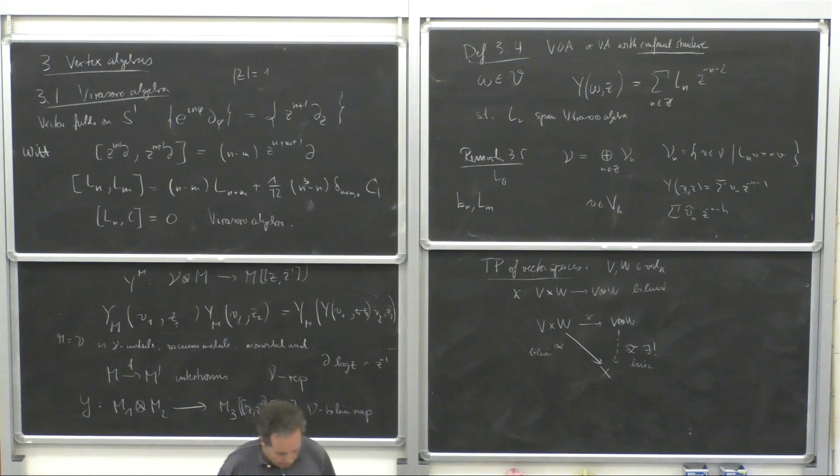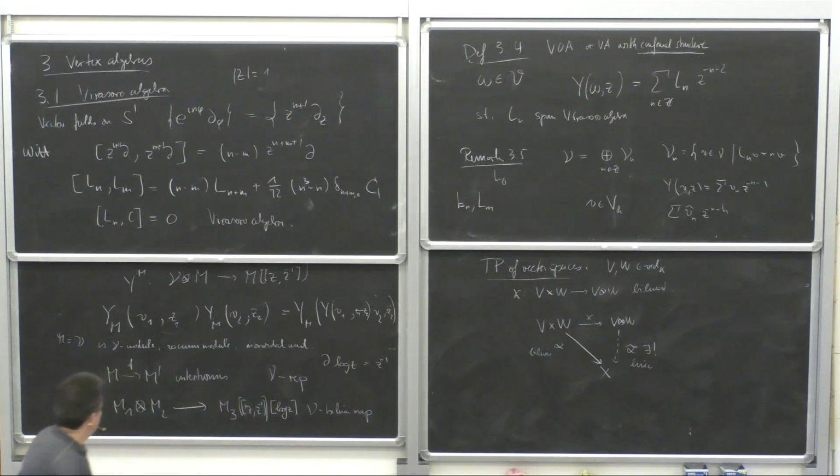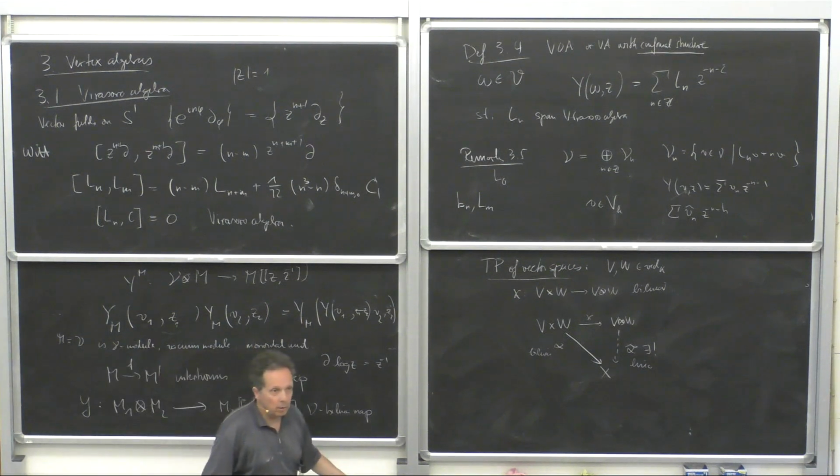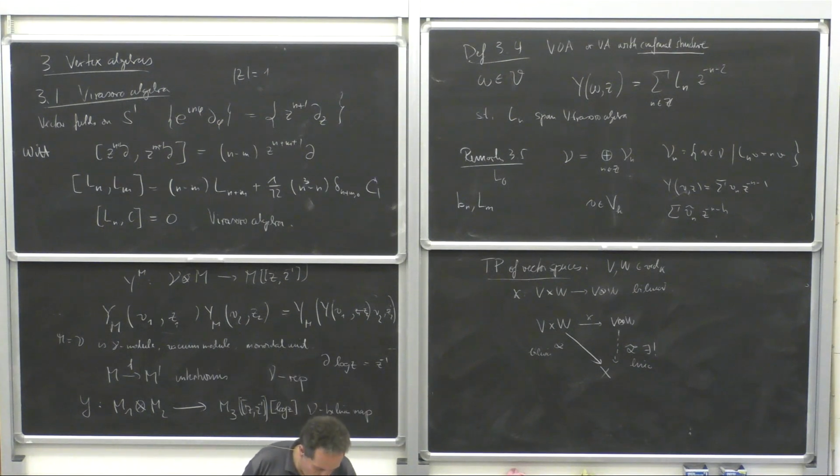And now we leave it to the experts to define what V bilinear means. It means that it must be compatible with the action. And I have given you a reference where this is written up.